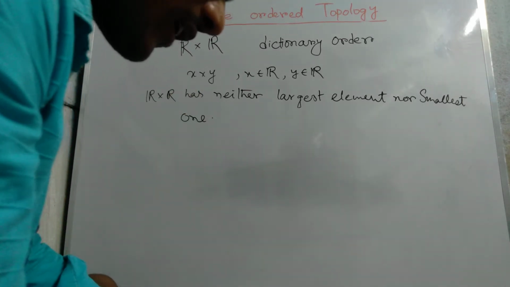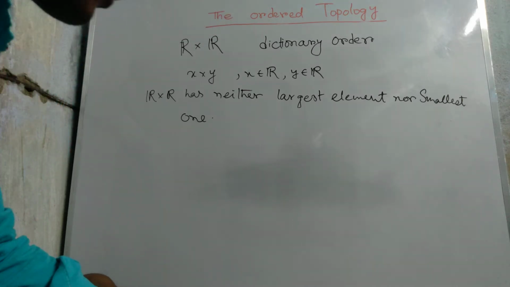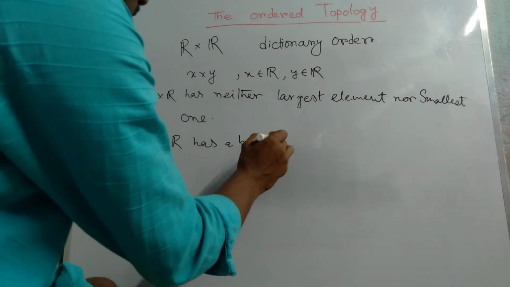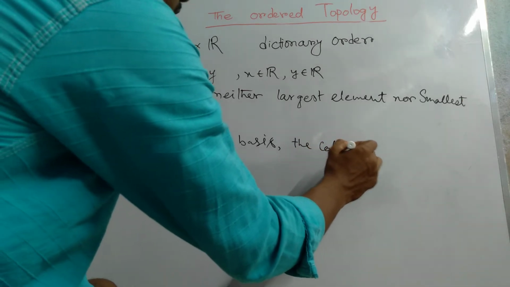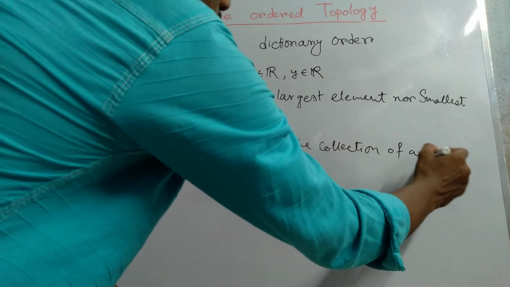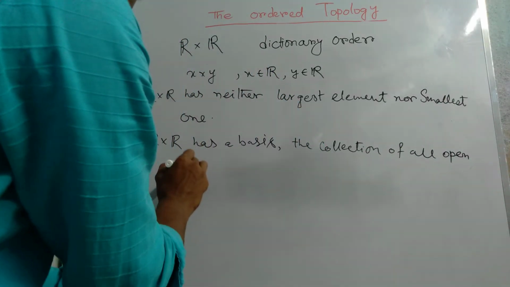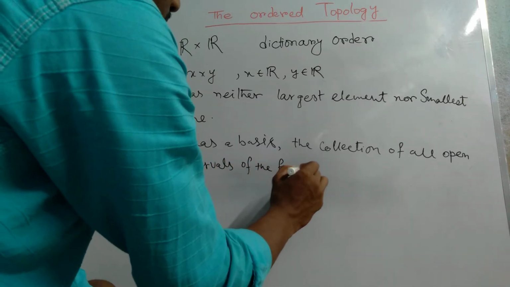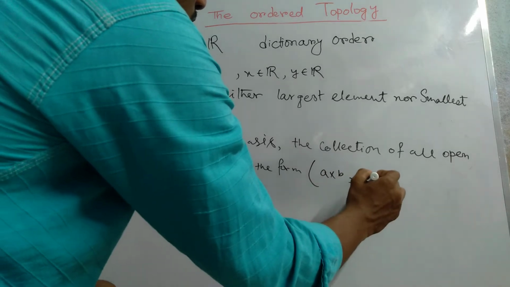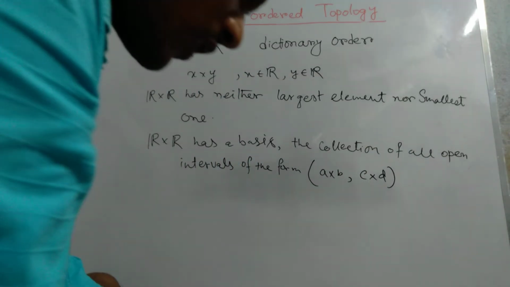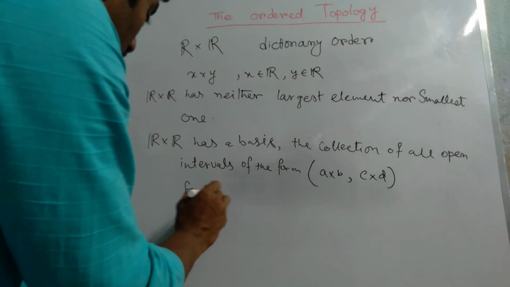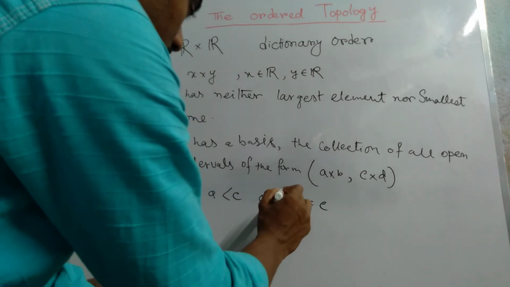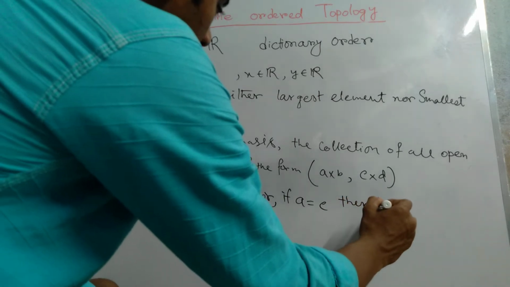Then R × R has a basis, the collection of all open intervals of the form (a × b, c × d), where a < c, or if a = c, then b < d.